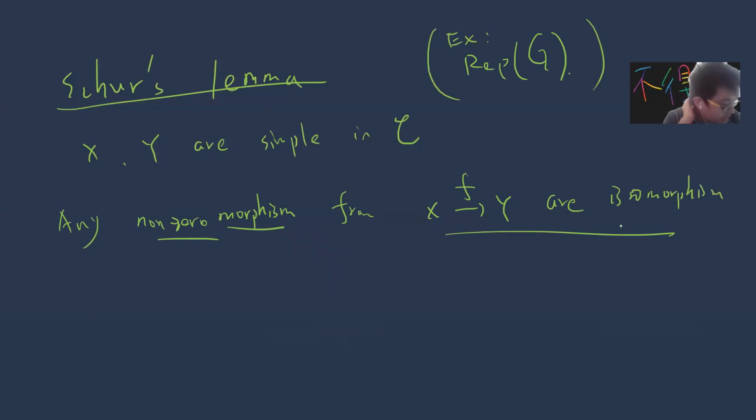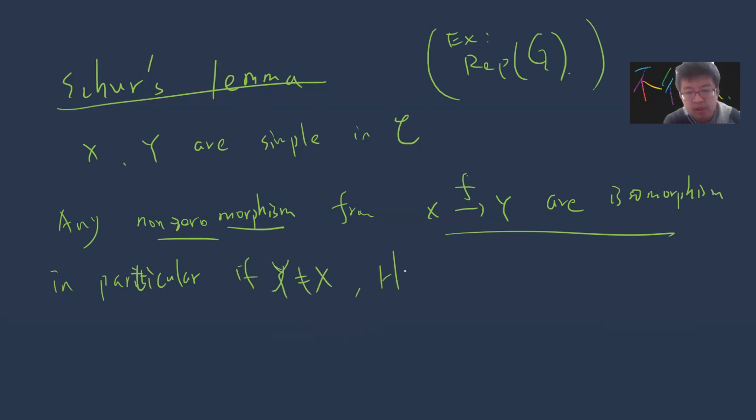So this is the same as this. In particular, if Y is not the same as X, then Schur's lemma tells you that Hom of X, Y will be 0.